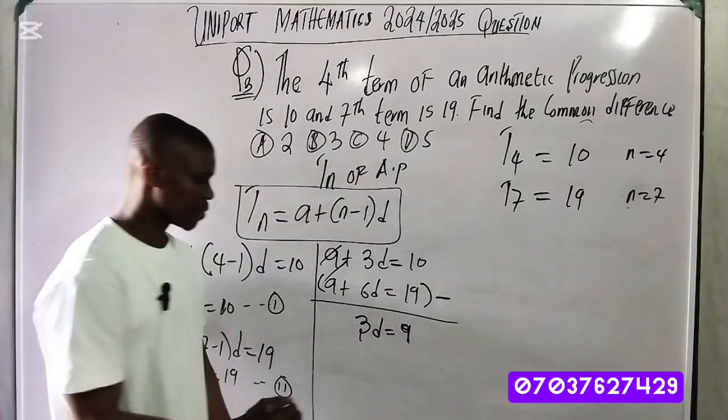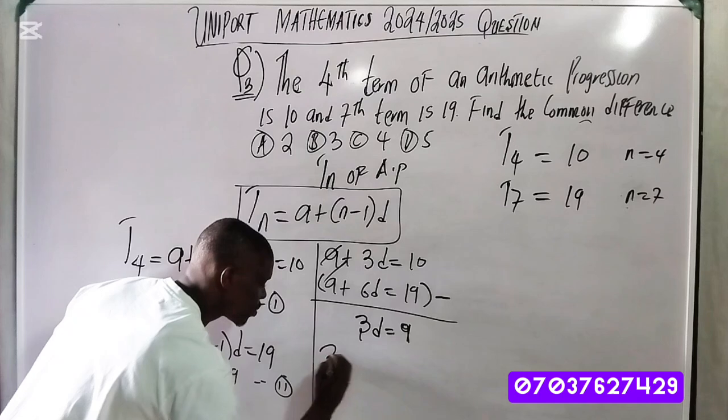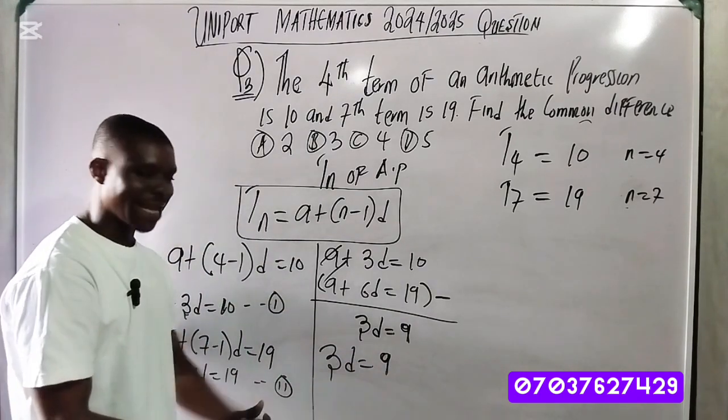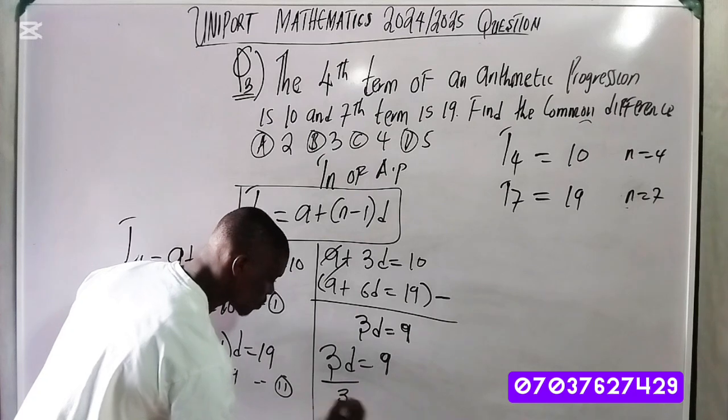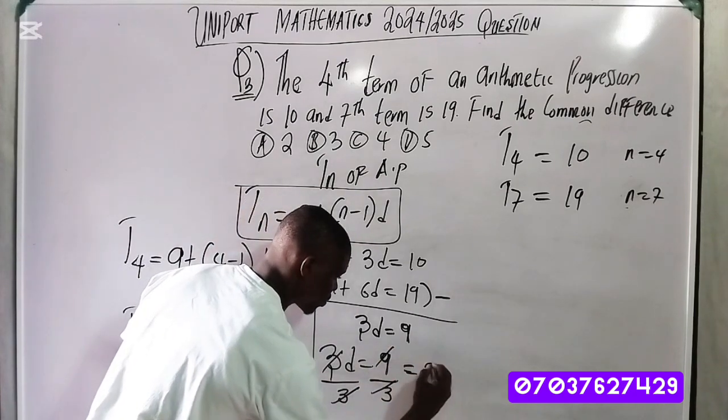So 3d equals 9. Divide both sides by 3. If you divide both sides by 3, what are you going to get? You're going to get 3.